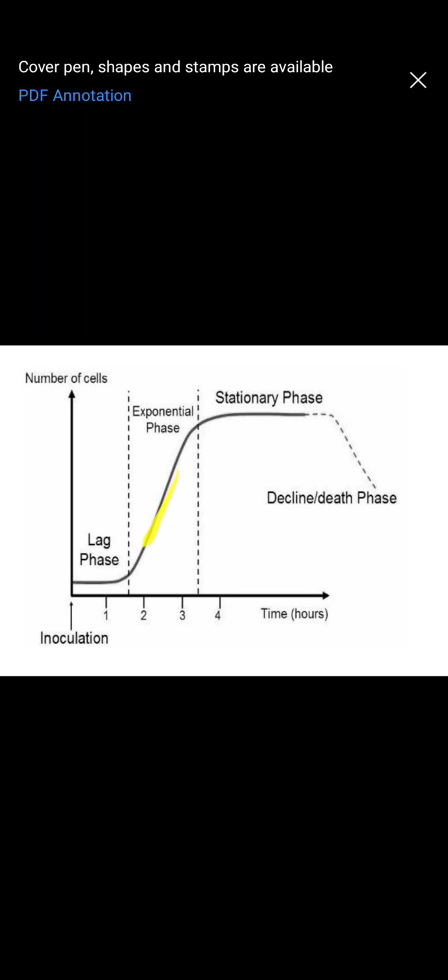So what happens in this stage is that they are highly active, they are feeding, and they are releasing out the metabolites. So this is a phase which is very important in terms of research.